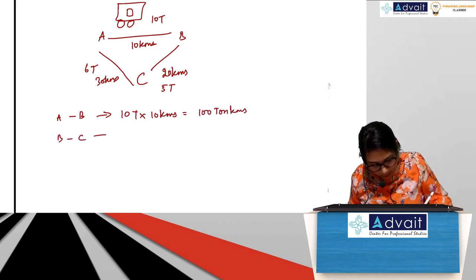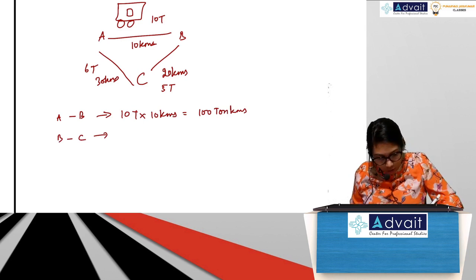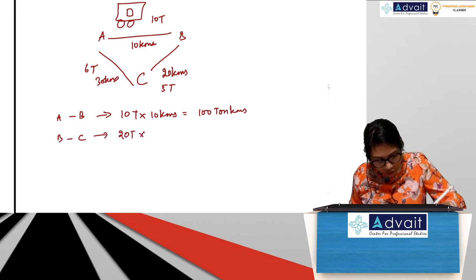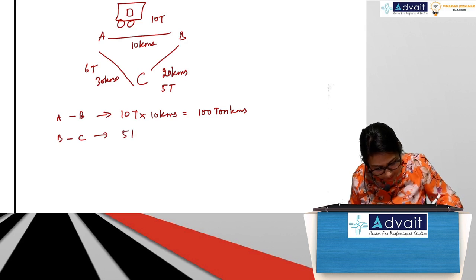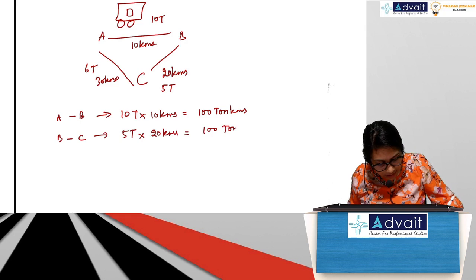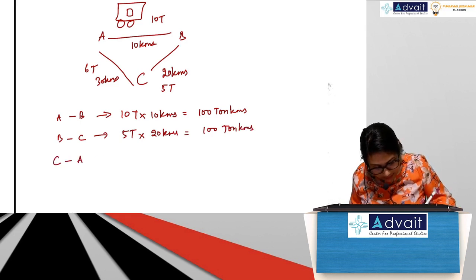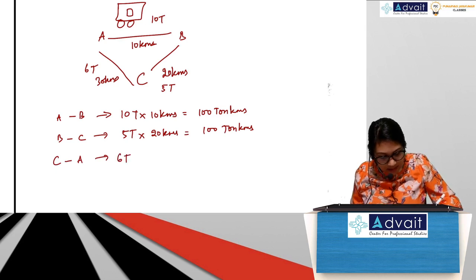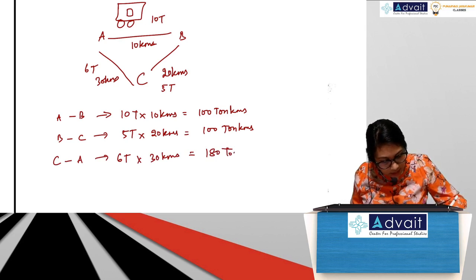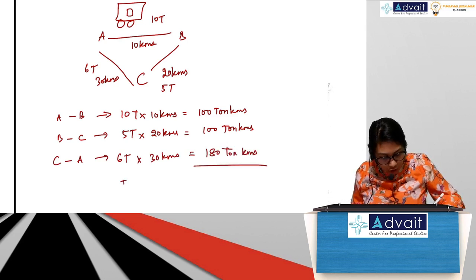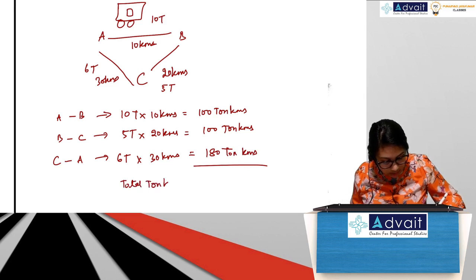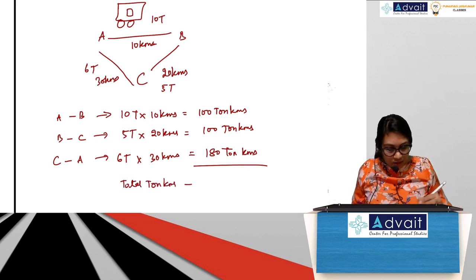Then between B and C: 5 tons into 20 kilometers, 100 ton kilometers. Then between C and A: 6 tons into 30 kilometers, so 180 ton kilometers.